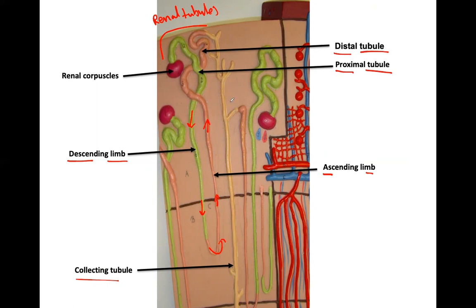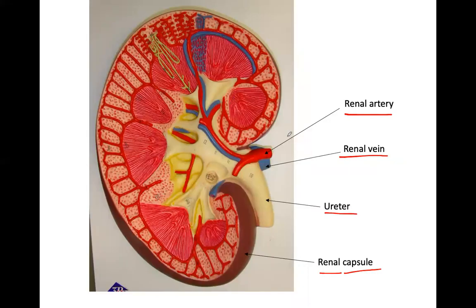Then, if you go back to the previous picture, the collecting ducts, this tube right here, empty into the minor calyx. The minor calyx empties into the major calyx, to the renal pelvis, and out of the kidney through the ureter. So again, imagine those streams going from smaller streams to larger and larger streams.